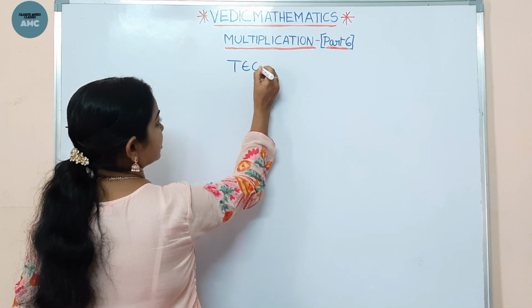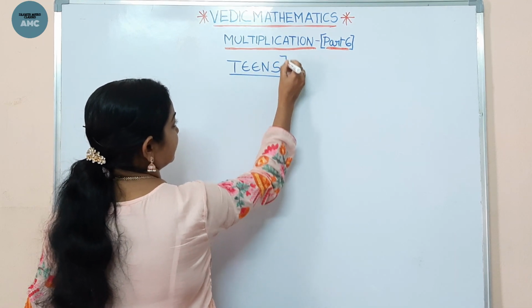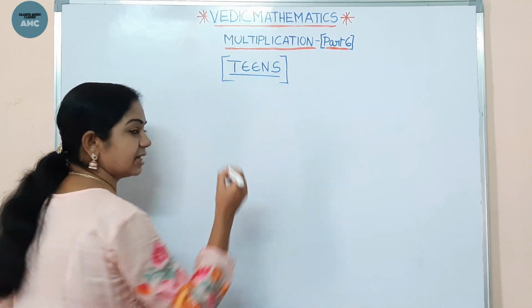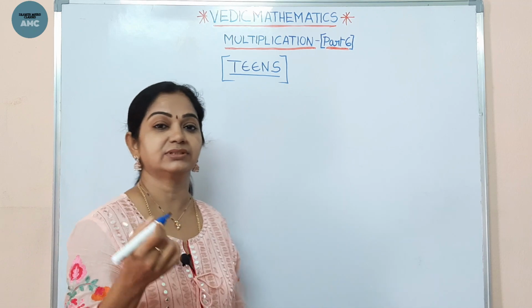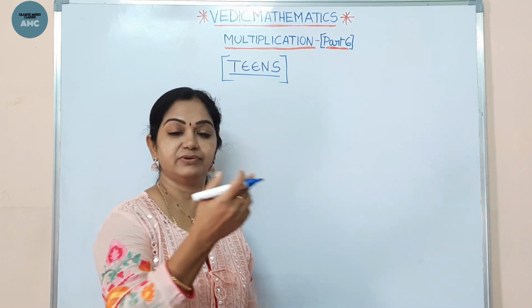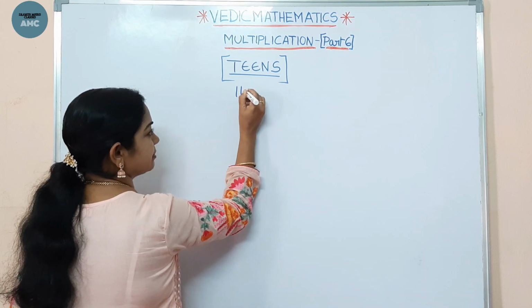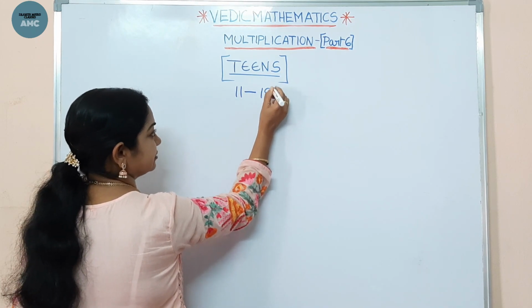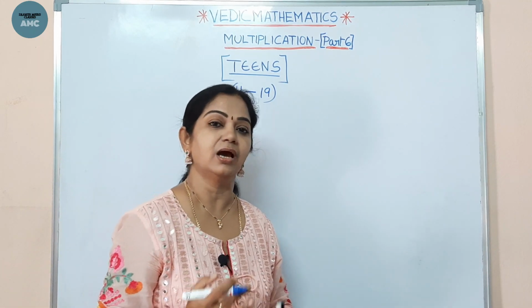Teens are the numbers like 11, 12, 13, 14, 15, 16, likewise. The teens are the numbers from 11 to 19. So, how do we do multiplication from 11 to 19?